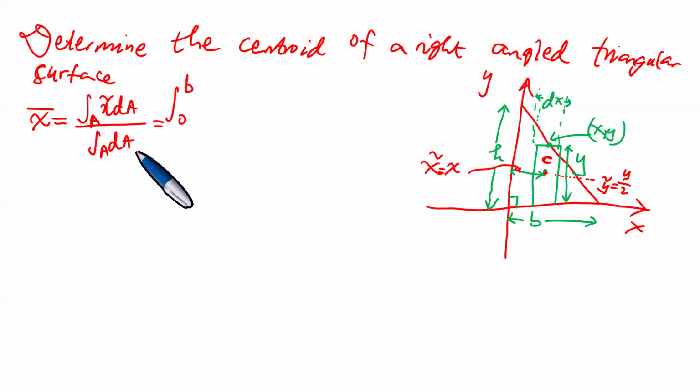Okay, let us pause to reason this out. And what is x tilde? We said x tilde is x. And we have dA. Let us look at what dA becomes here. If we are looking at this particular area, the dA becomes y dA.